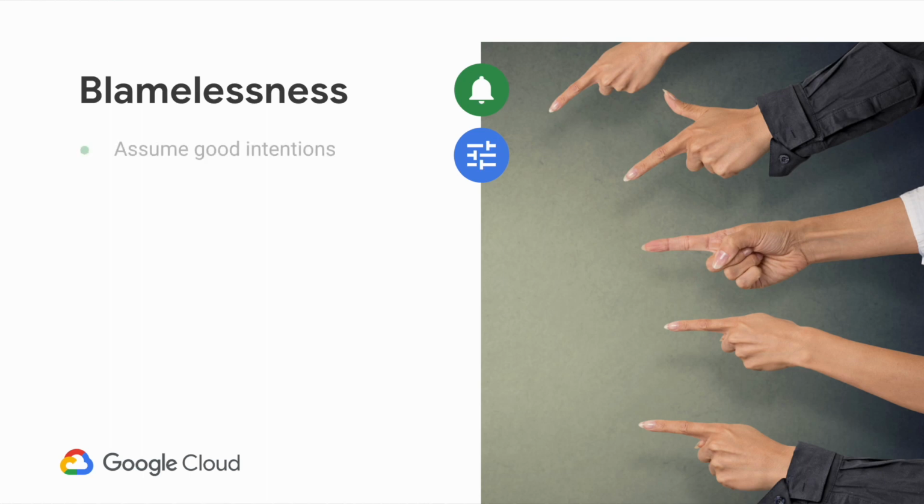So in the culture of blamelessness, there's this basic assumption that people are acting in good faith. They're doing the best that they can with the knowledge and the tools that are available to them. And we want to identify causes for our incidents or our problems without implicating specific people. One way we can put this into practice is by avoiding using names in postmortems.